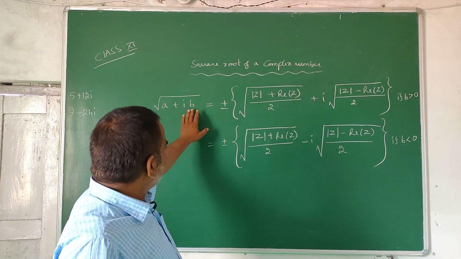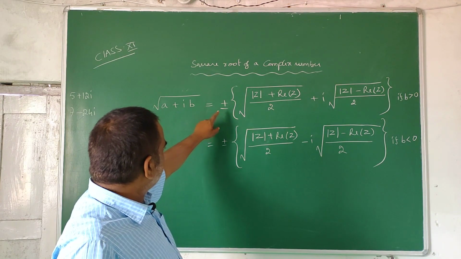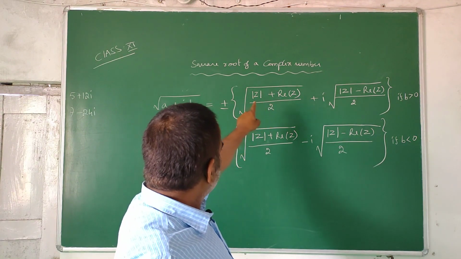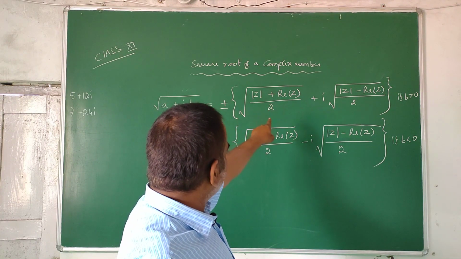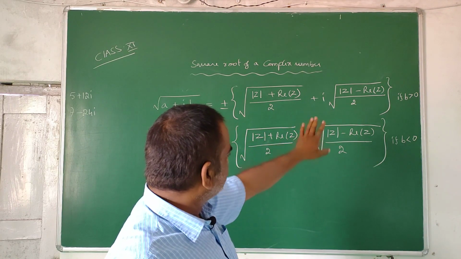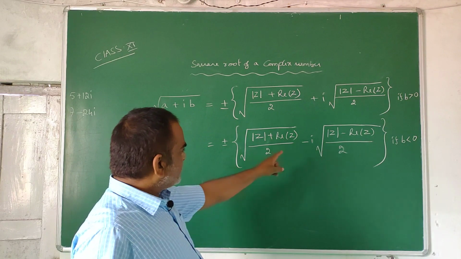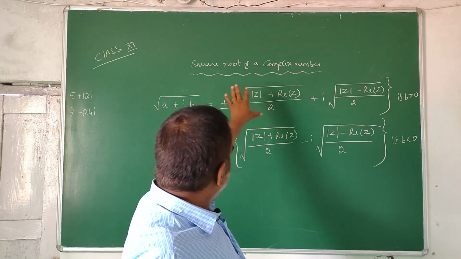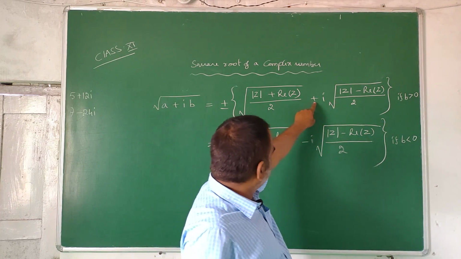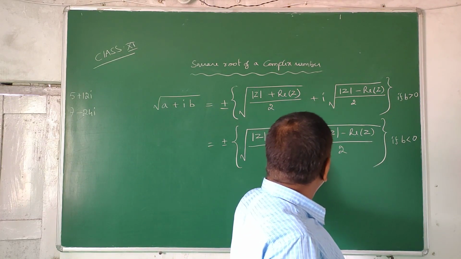√(a+ib) = ±[√((|z|+Re(z))/2) + i√((|z|−Re(z))/2)]. See the formula: in either case the terms are the same, the only difference is that here there will be plus, and here there will be minus.